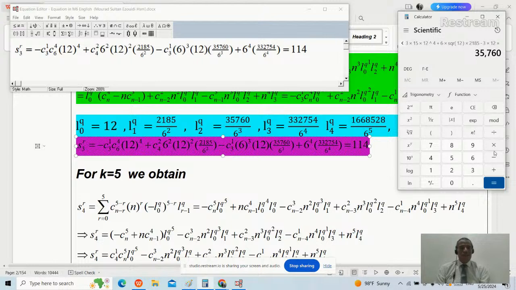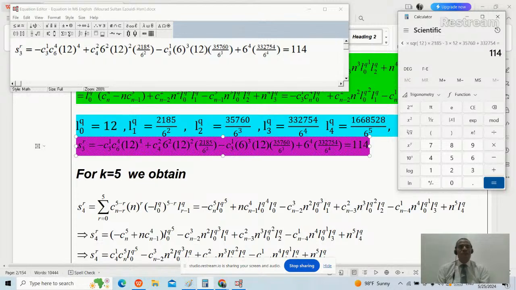Plus 6 raised to the power 4 times 332,754 divided by 6 raised to the power 4. This and that is 1. I'll just write the last term, plus 332,754. Then I make an equal sign.